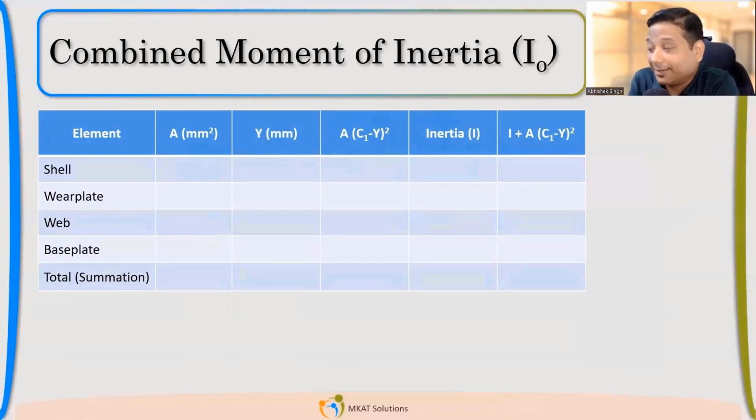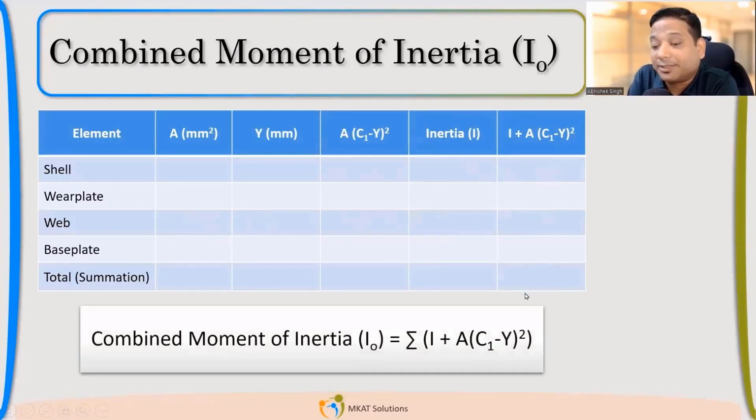But remember, the width along which it is rotating will be the Q, along the side which the shape is rotating. So remember that while calculating inertia. Then you add I plus A into C1 minus y square. You'll get the inertia of the shell along the centroid. Now we do it for all the different items, and then we do the summation. We have got the total combined moment of inertia.